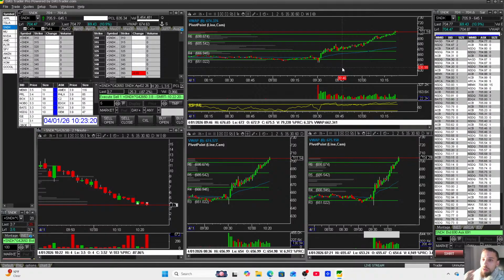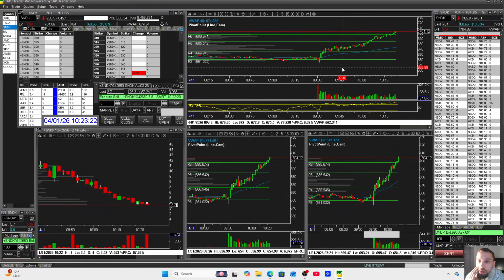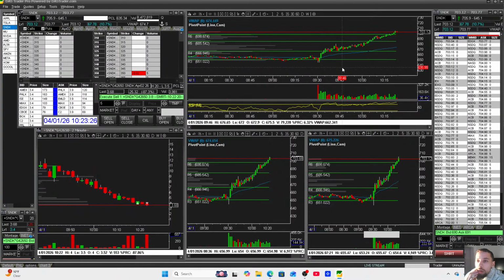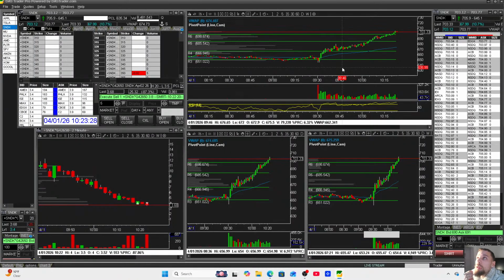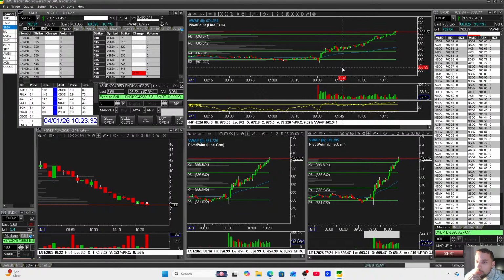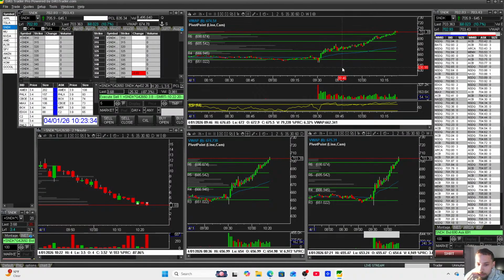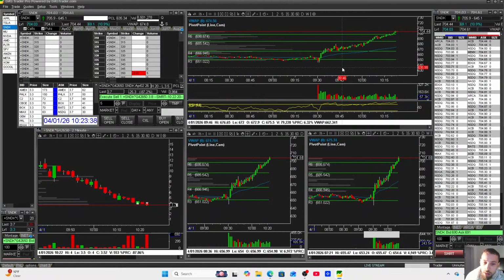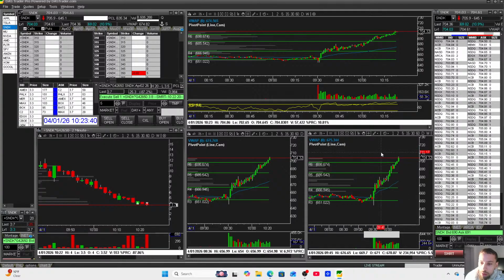So jumped the gun there pretty early as soon as we hit 700. Decent liquidity candle, very small candle, but I think I jumped the gun there. I think we might be getting really near the top here.